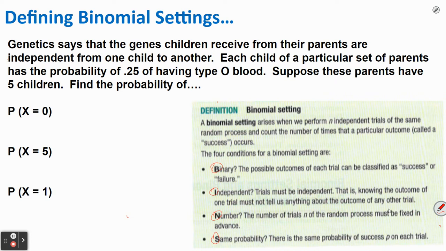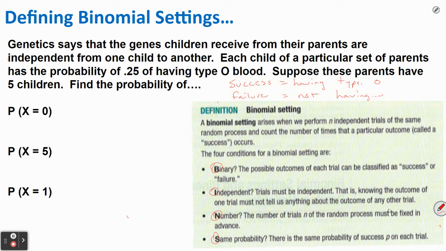This one above with the type O blood, we would define success as having type O blood and failure as not having type O blood. So we can't have a third option. There can only be two possible outcomes, this or that.